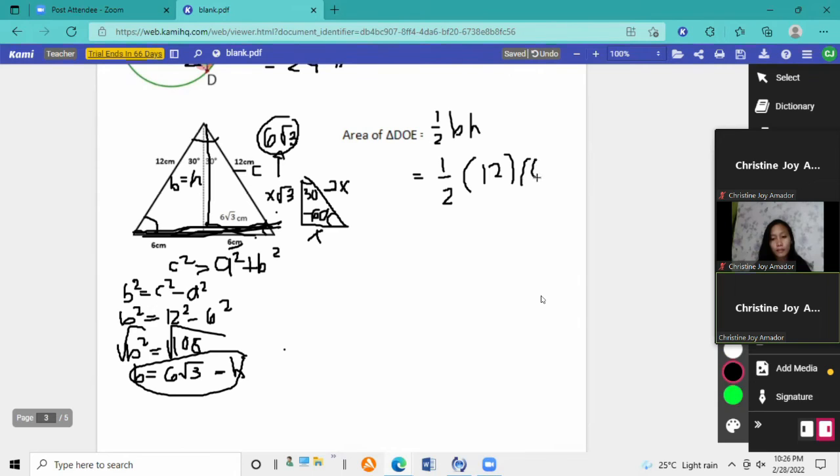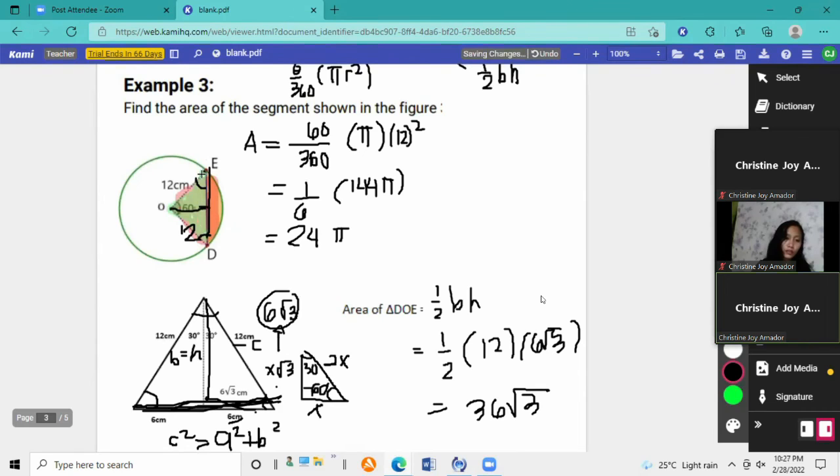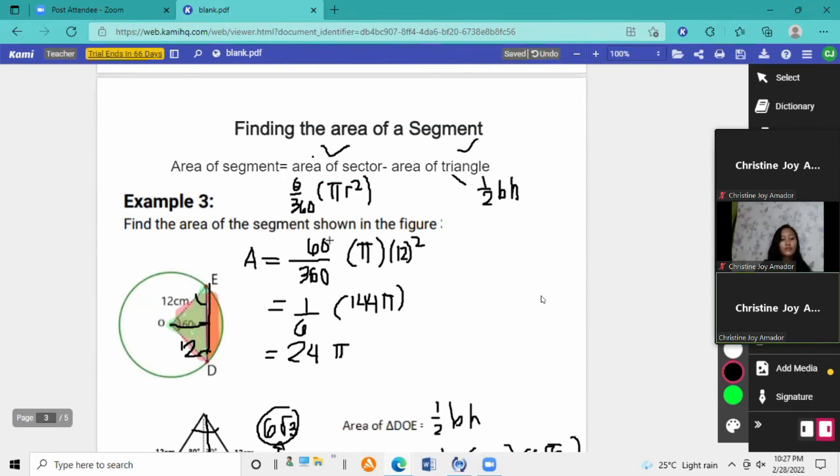It is 6 square root of 3. One half times 12 times 6 square root of 3 is 36 square root of 3. So the area of this triangle is 36 square root of 3.